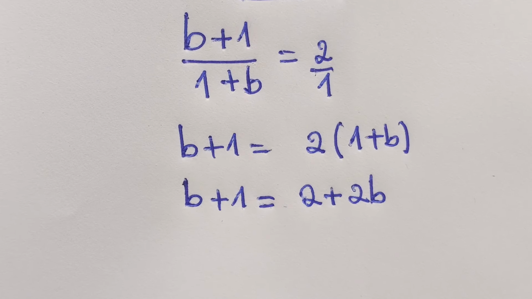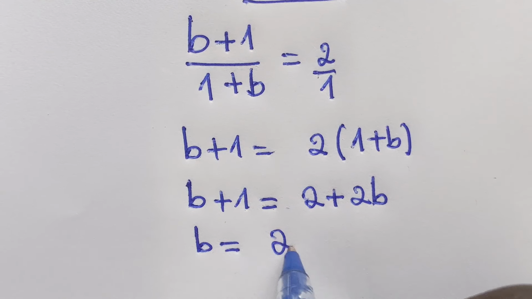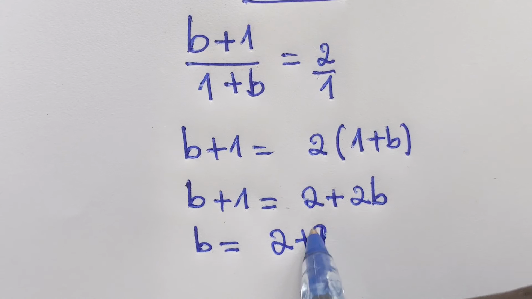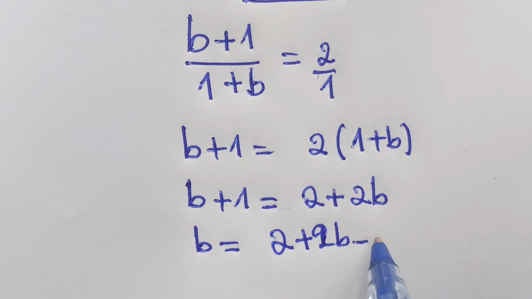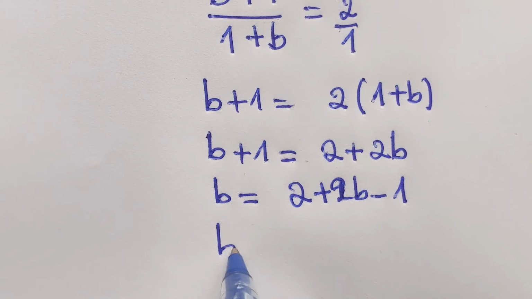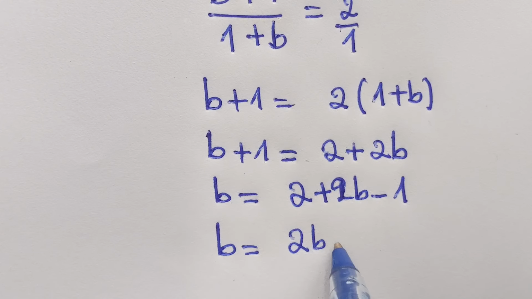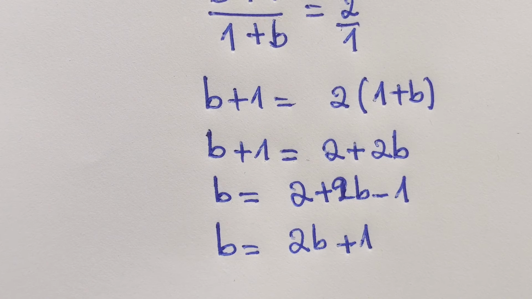Okay, now b can be equal to 2 + 2b, then minus 1. Okay, then b equal to 2b, then plus 1.